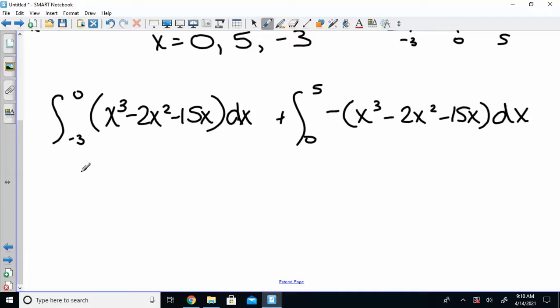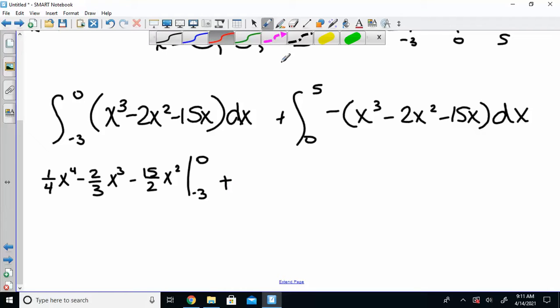So when I do this, antiderivative of x cubed, you add 1 to your power and put the reciprocal in front. Minus x squared would go to an x cubed, so I need to multiply by 1/3, so 2/3 x cubed. This would turn into an x squared, so 15 halves x squared from negative 3 to 0.